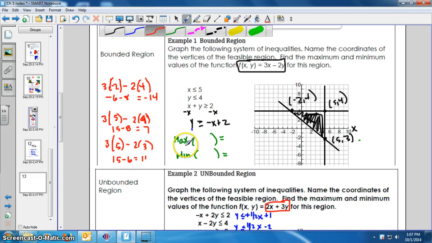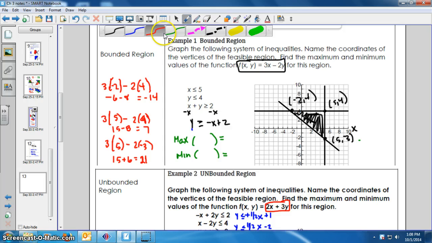Oh, this one was a negative 3, and I accidentally put a positive 3. So that should have been a plus 6. So we should wind up with minus 2, there we go, 21. Watch those negatives.